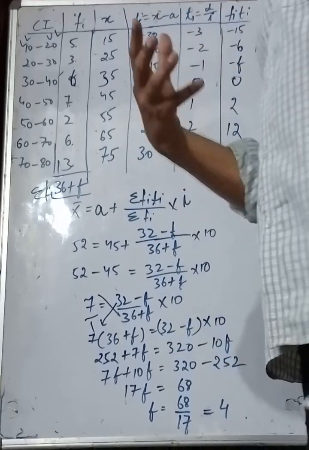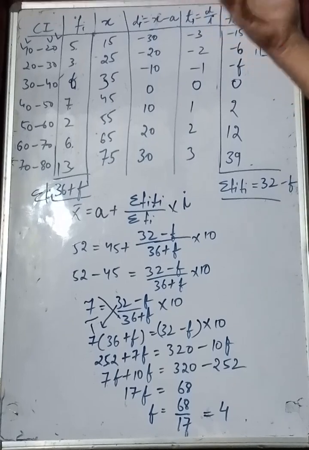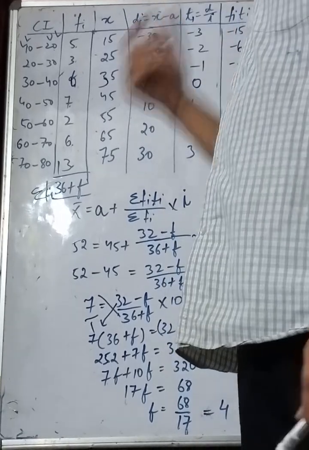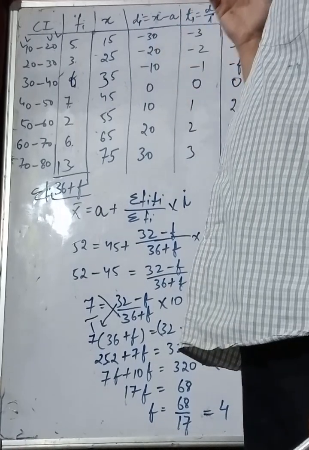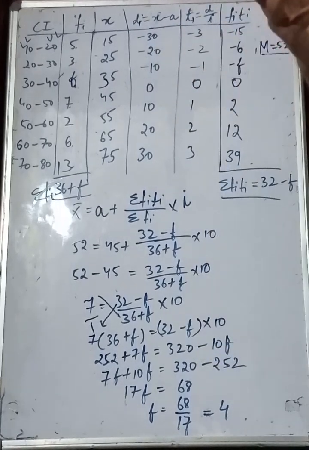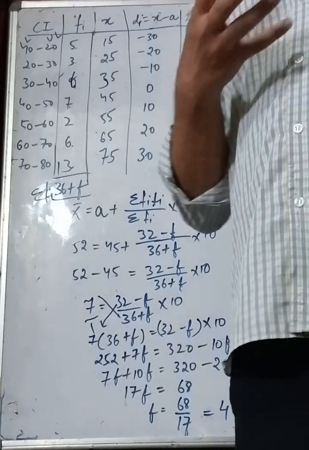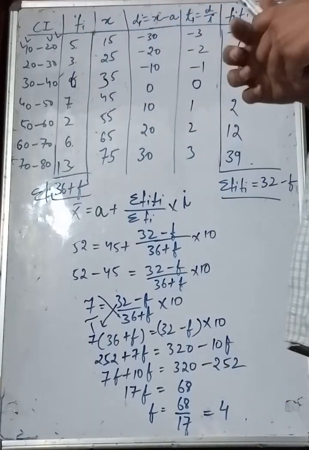Now there's a new variable, the value of which we have to find out, and that is di. Before di, you need to know what a is. A is the assumed mean. How can we find the assumed mean?